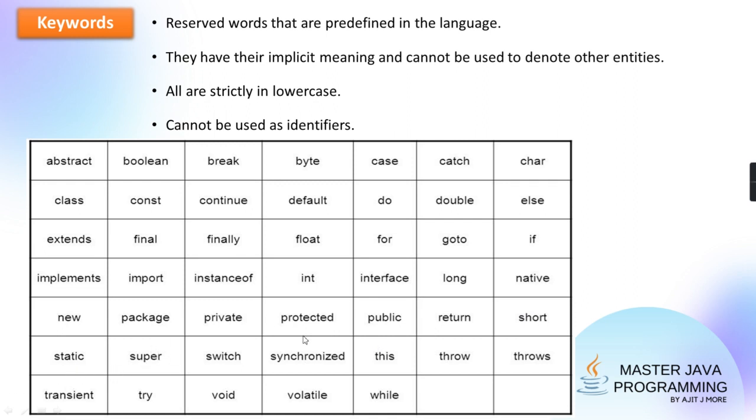Super is a new thing, synchronized is a new thing, switch is coming from C++, this is also coming from C++, throw is coming from C++, throws is new in Java. Transient is new in Java, but try, void, volatile, while, all are coming from C++. So I have listed a few. Now actually you don't know C++, therefore I cannot ask, if I want to compare it.